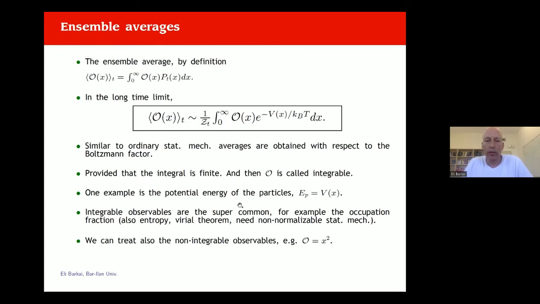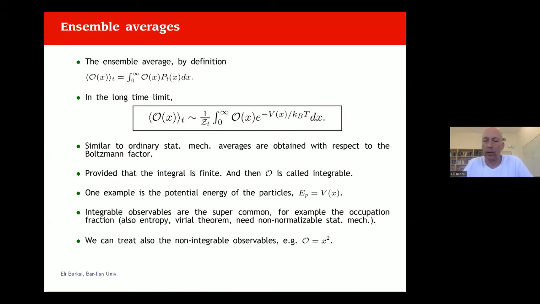We will show another example, the Virial Theorem. There are many examples like occupation times, pulse functions; many observables are integrable. There are other observables like x squared, which are sensitive to the large x behavior of the density, which are non-integrable. We will not discuss these observables here.